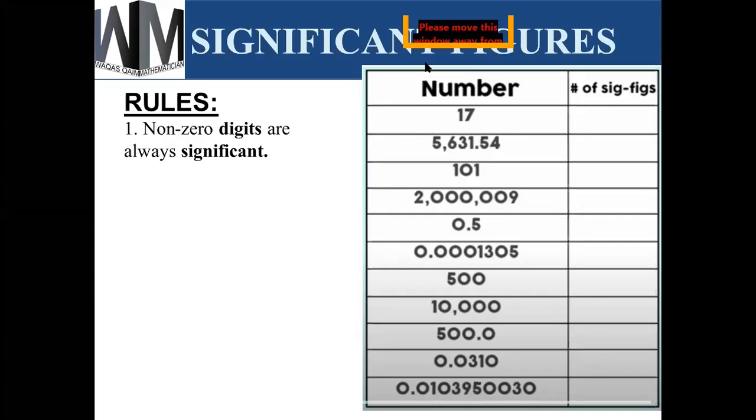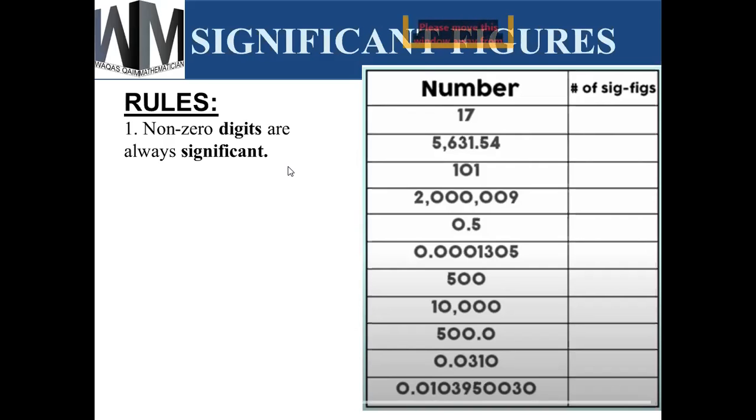Okay, so the first number written here is 17. How many significant figures are there in this number? Good, everyone. So two significant figures are there in this number.